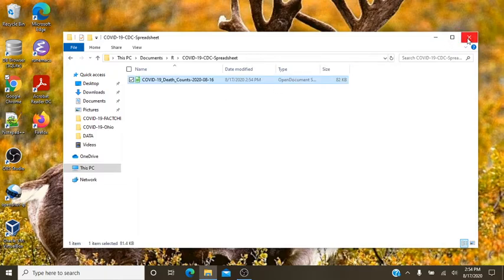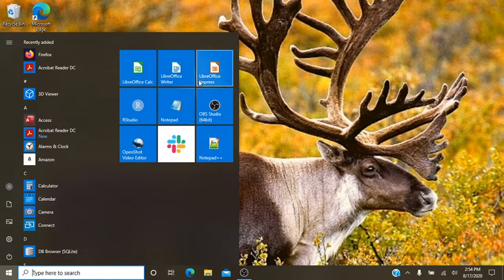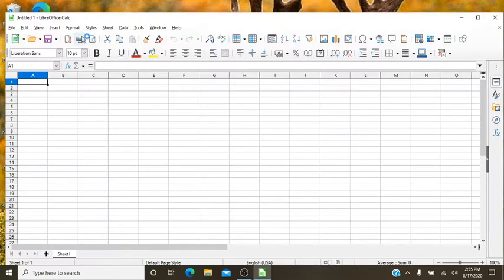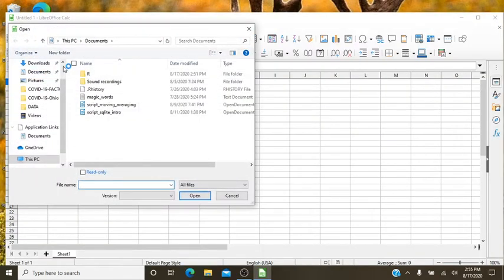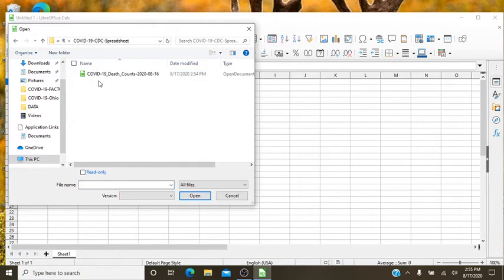All right. So now let's open back up LibreOffice Calc. Open up our file now.